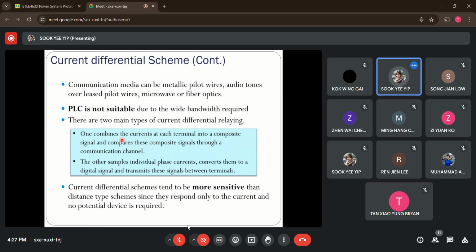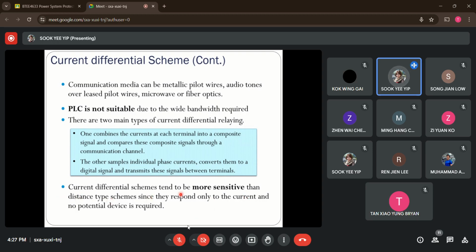The other way is that each measured current needs to be sampled and converted into digital data, and only then is it transmitted to the other side. First is in AC value, the other is in terms of digital value. This is analog, and this is in terms of digital. All right, so it's very important to take note that current differential schemes actually tend to be more sensitive than the distance protection scheme.